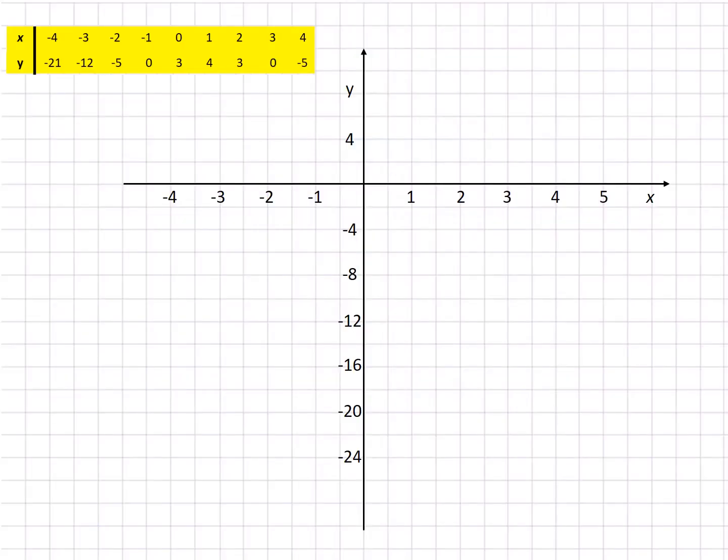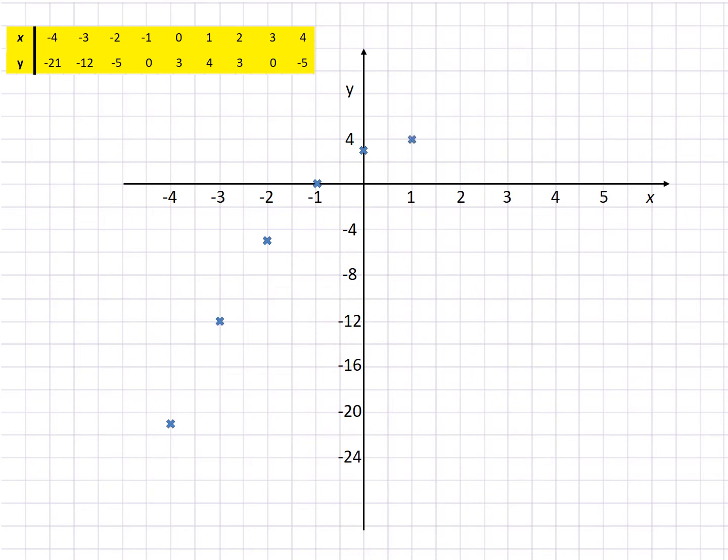So plotting each point carefully, x is -4, y is -21. That's that coordinate. -3, -12, -2, -5, -1, 0, etc.